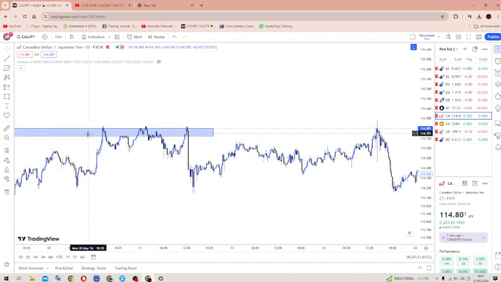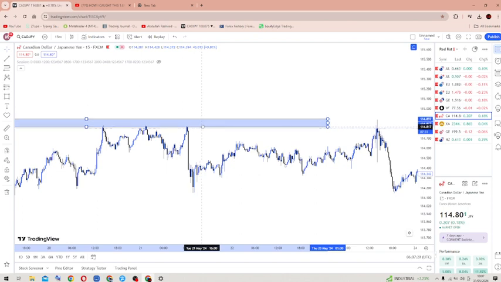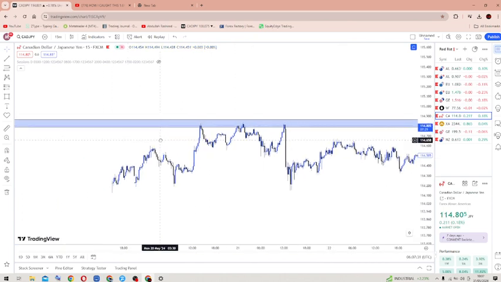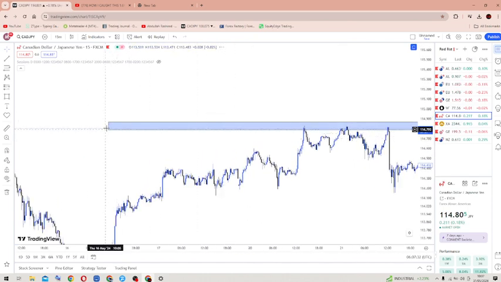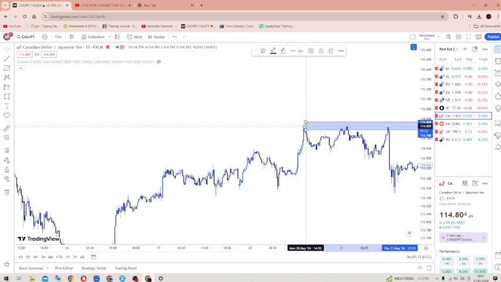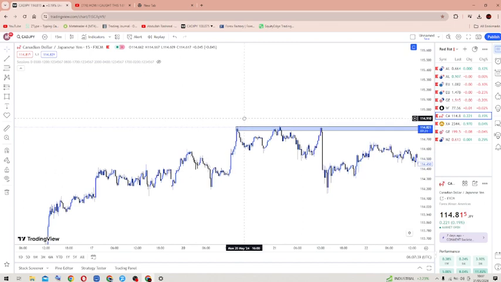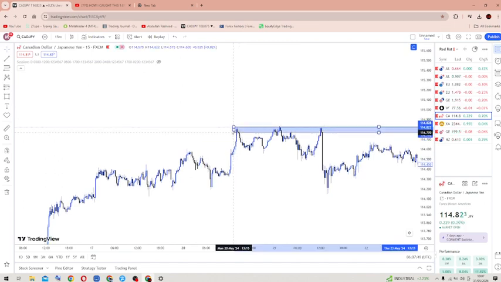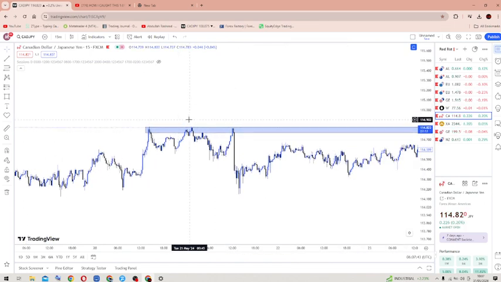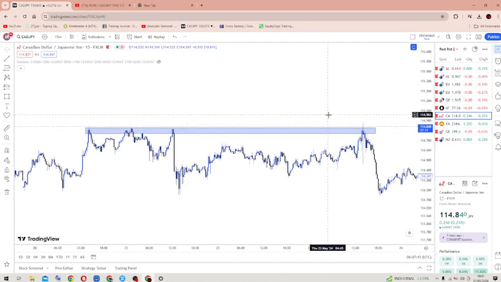So what I drew was another supply. We know already price is in the supply area, so I drew another supply on the 15-minute, whereby I wanted to see something. If I want to sell, I wanted to see a shift in market structure.